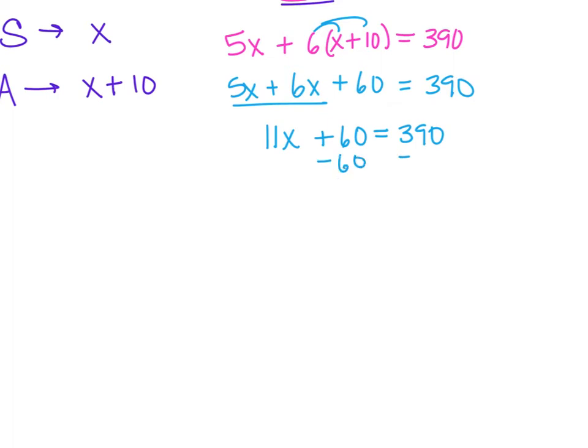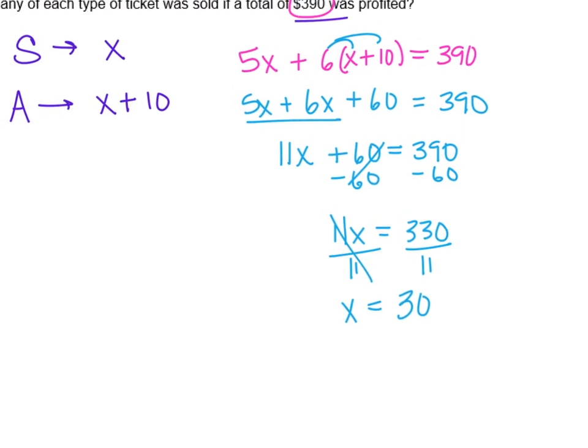Subtract 60. 11x equals 330. Then we divide by 11. 33 divided by 11 is 3, and then you can bring down that 0. So we got 30.